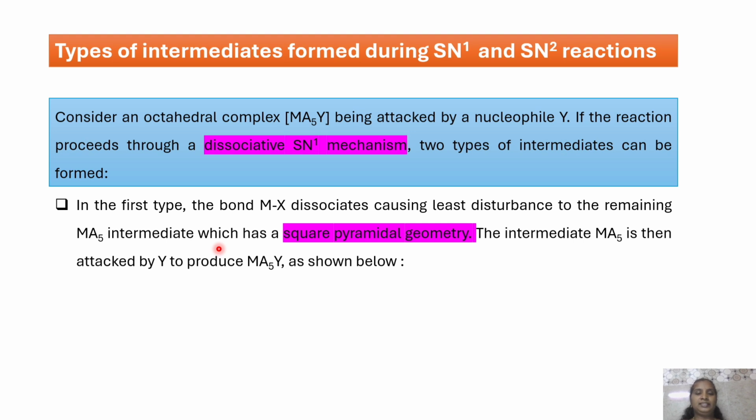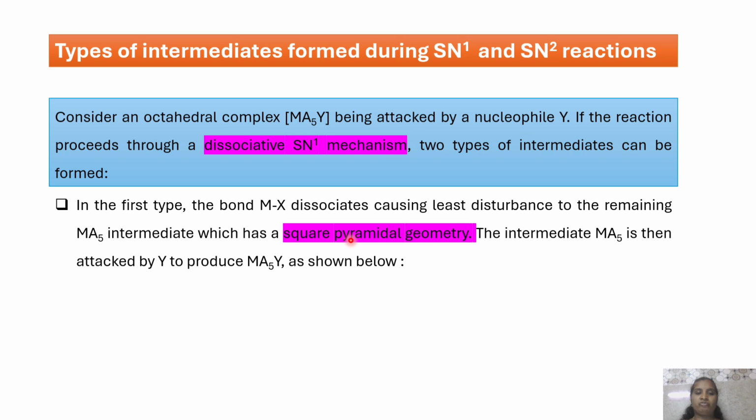Let us see. In the dissociative SN1 mechanism, the first type of intermediate formed is the square pyramidal intermediate. During the formation of the square pyramidal intermediate from the octahedral complex, there is only the least disturbance to form the resultant intermediate.